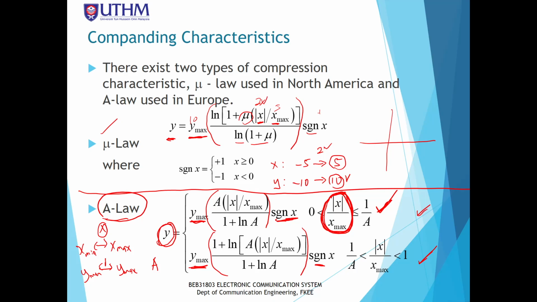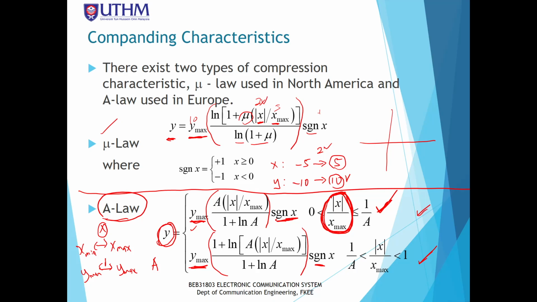Is it less than 1 over A? If yes, use the first equation. If the value is more than 1 over A, use the second equation, okay. So this is y max. The first equation is y max multiplied with A multiplied with the ratio of x over x max divided by 1 plus ln A.